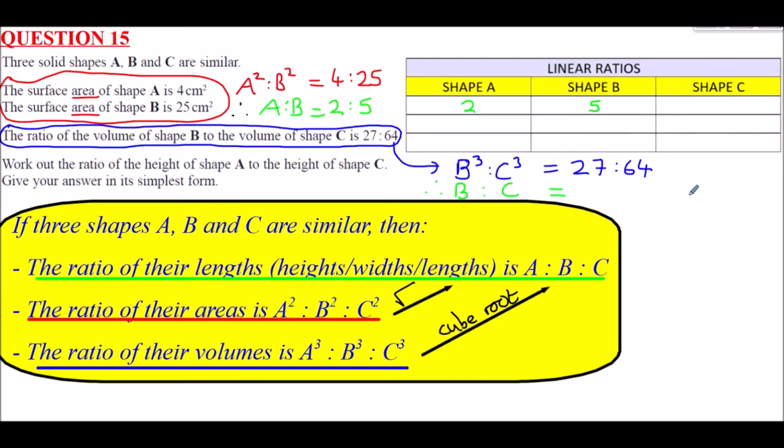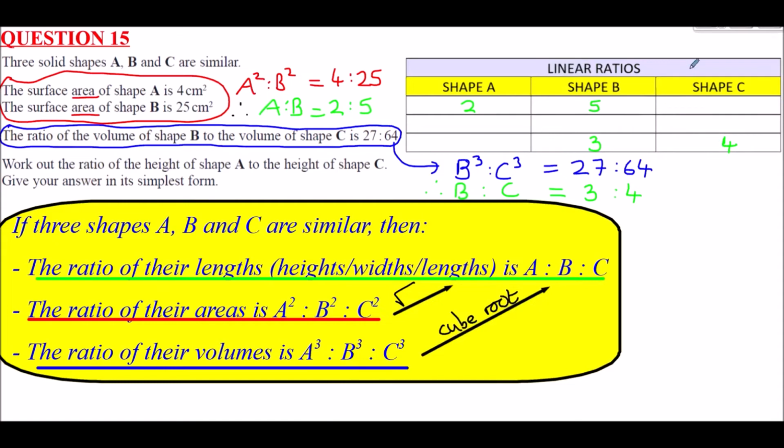So 27 is actually 3 times 3 times 3, so the cube root of 27 is 3 because 3 cubed gives you 27. Likewise, the cube root of 64 is 4 because 4 times 4 times 4 gives us 64. So for B to C, we have 3 to 4.